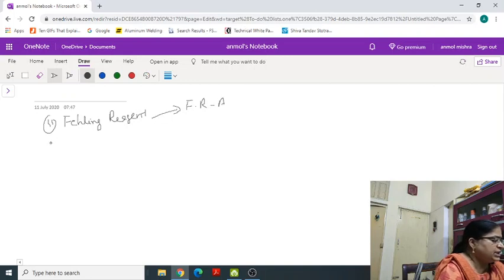Fehling reagent A is aqueous copper sulfate solution.